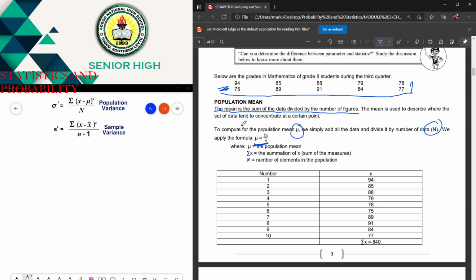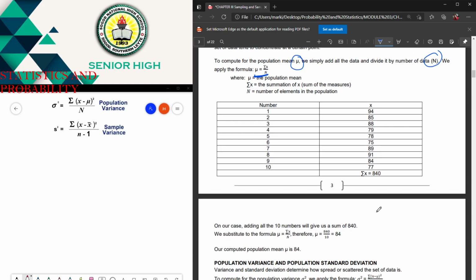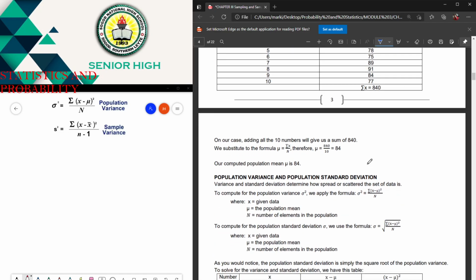Again, the summation. How did we get 840? Just add from 94 up to 77. Then this is your value for the summation of X, which is 840, and the big N, the number of elements, is 10. So mu is 84, meaning our computed population mean is 84.